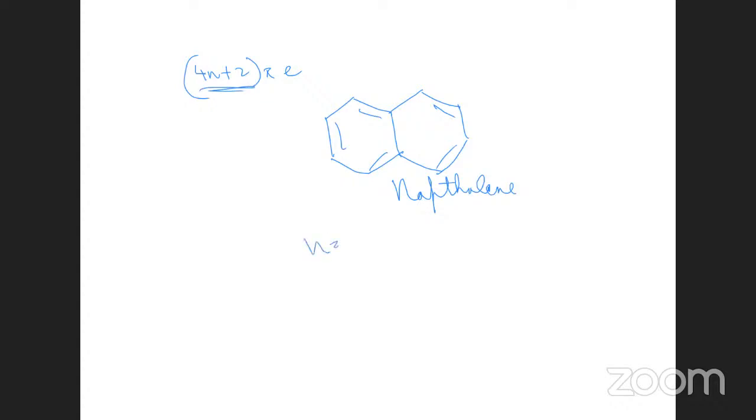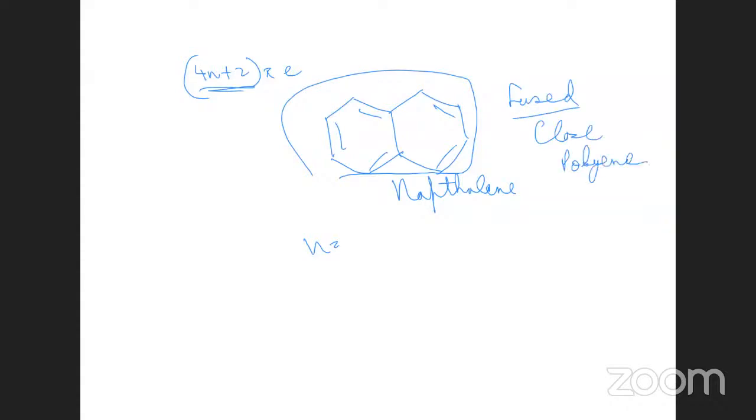These two rings are fused together and they are closed. They are polyenes and they have conjugation. Right, so here these double bonds are alternating. That means conjugation. Okay, so N is 2 here. So I have 4 times 2 plus 2. I have 10 pi electrons.